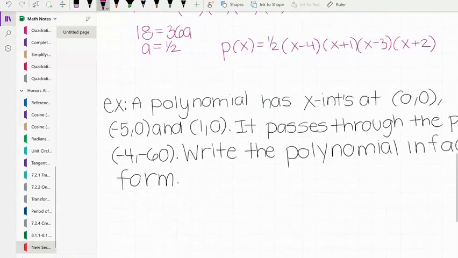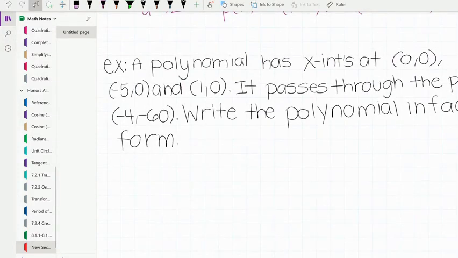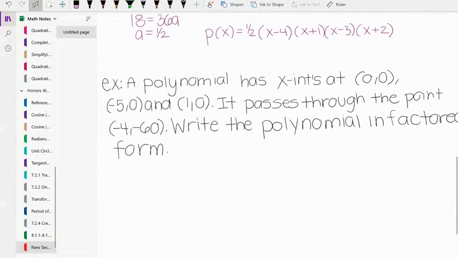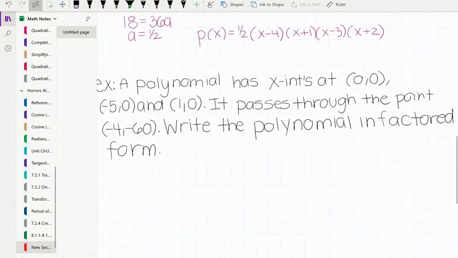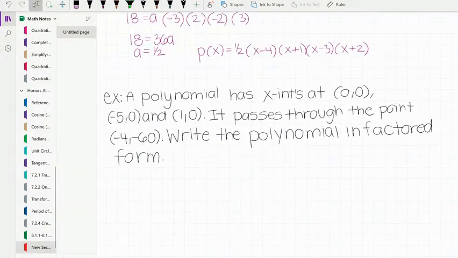Okay, and our last question here, we have a polynomial that has x-intercepts at 0, 0, -5, 0, and 1, 0, and it passes through the point -4, 60. So we're going to set it up in the same way we did the other one. We would have y equals a, and then for our x-intercepts, we would have x, then x plus 5 to put it in factored form, and x minus 1.